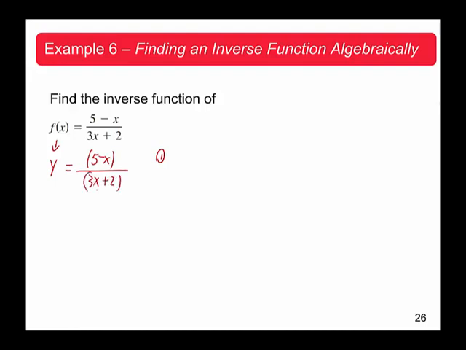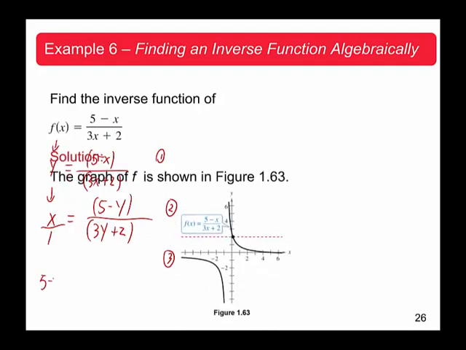Okay, and step number 2, y becomes x, and then x becomes y. We do that as step number 2. Step number 3, we're going to solve for y here. So make it a proportion, solving for y. So 5 minus x goes to the left.